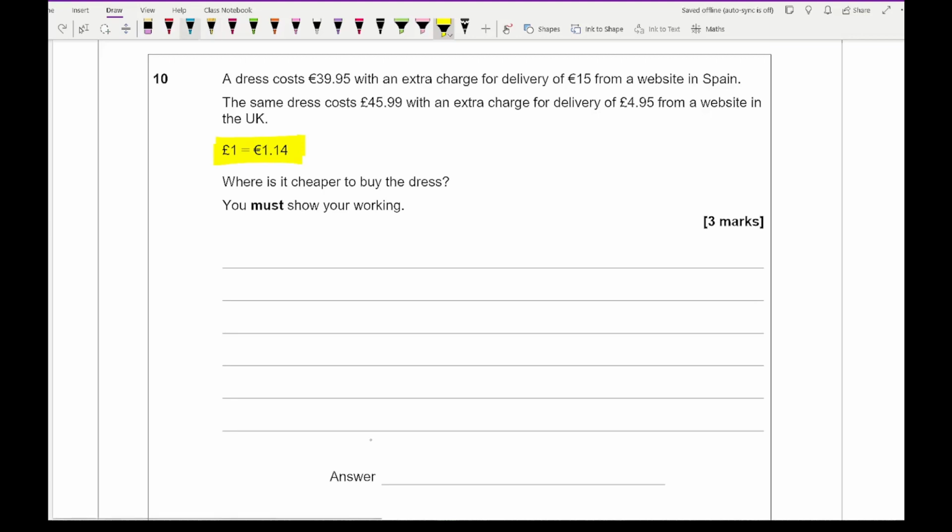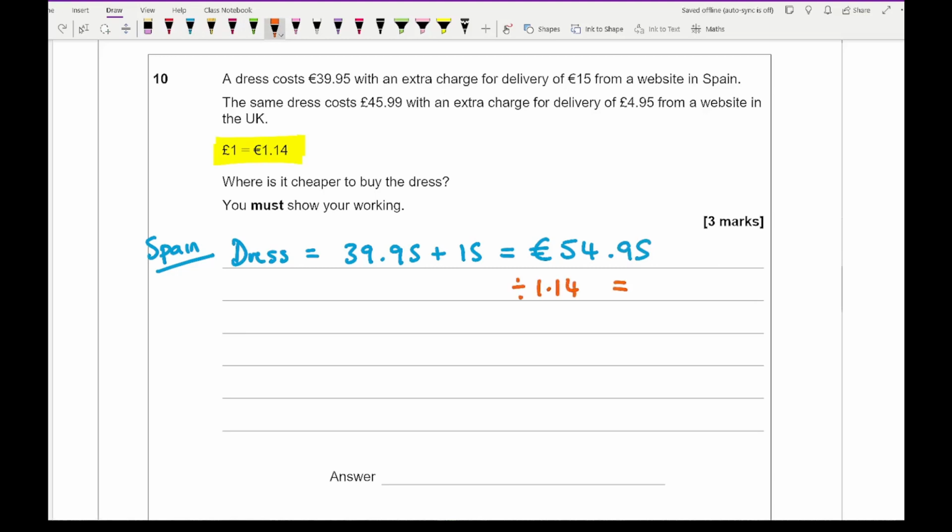So then if we look at the Spain price, we'll work in euros to begin with, the dress then is going to cost €39.95 plus 15, which is €54.95. Then if we convert that into pounds, we divide that by 1.14, we get a price of £48.20.